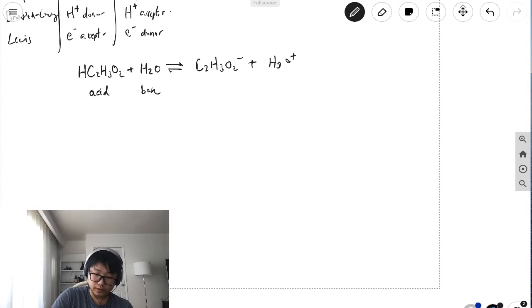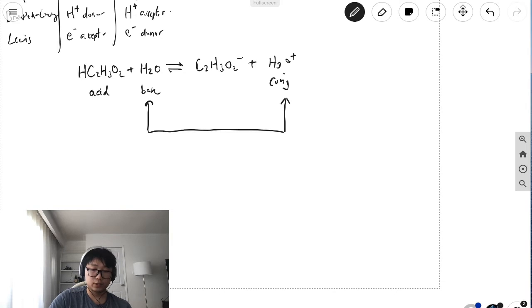And I'm going to ask you this as a question now. Before I even get to that, which one's the conjugate acid and which one's the conjugate base? H3O is actually not the conjugate base because, okay, let's draw the pairing. So H2O pairs with H3O plus, right? If one of them is the base, the other one has to be a conjugate acid. It's not even right calling H3O plus a base, because how can H3O plus gain another proton?